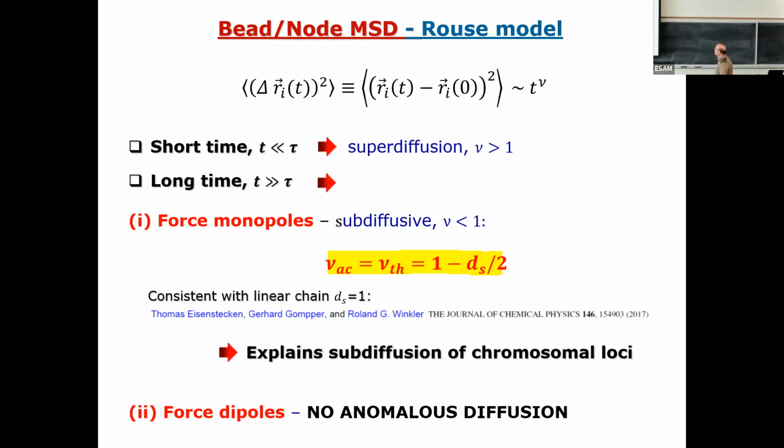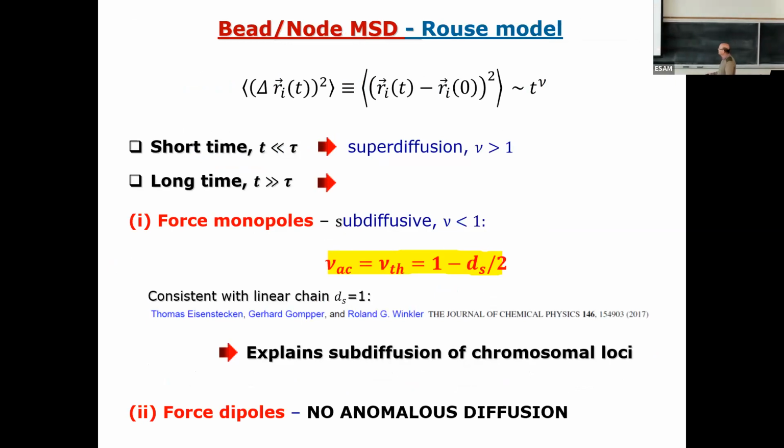Now, in fact, you can summarize the bottom line in a few words. The Rouse model for the MSD shows that for short times, the active forces are correlated and you get superdiffusion, with nu larger than 1.